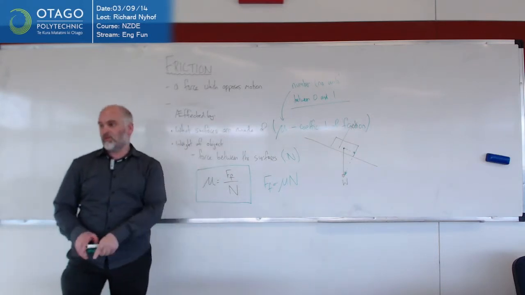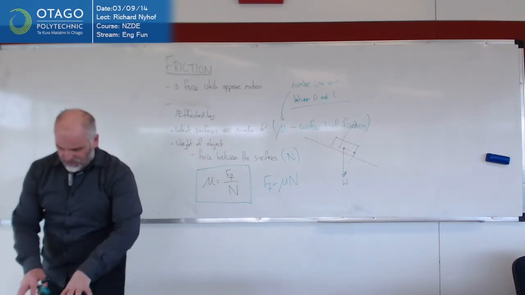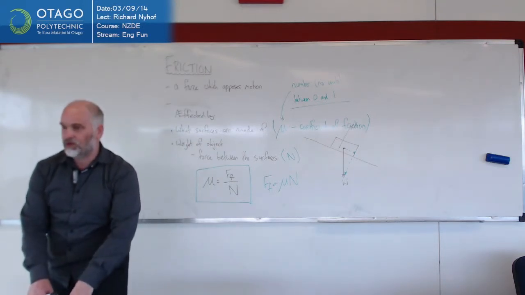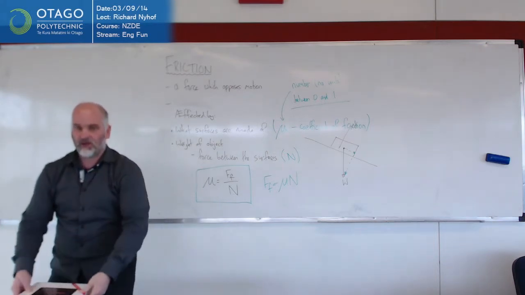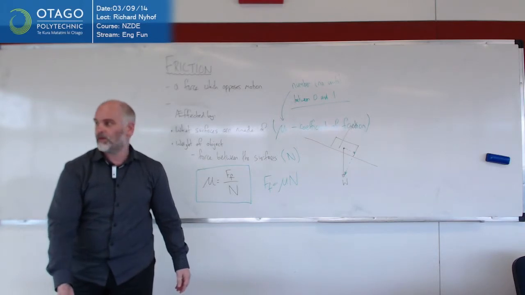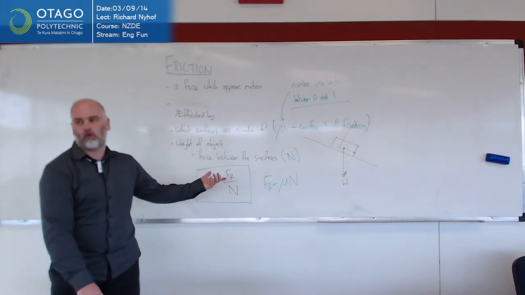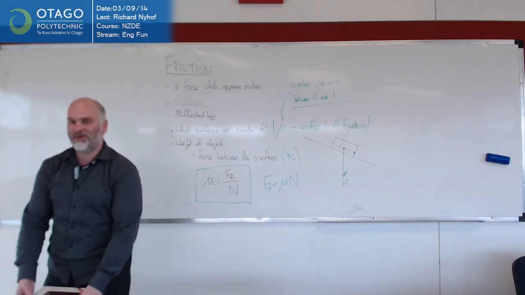1 means that the force that's pushing against it, friction, is exactly equal to the weight of the object. So it's just as easy to do that as it is to do that. Okay? And obviously it can't be more than 1, because if it's more than 1, you basically lift the whole thing and move it. Yep?